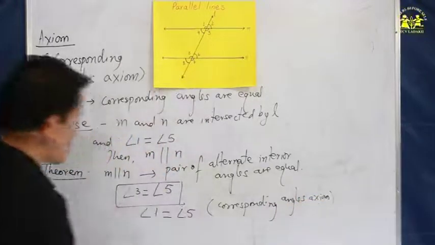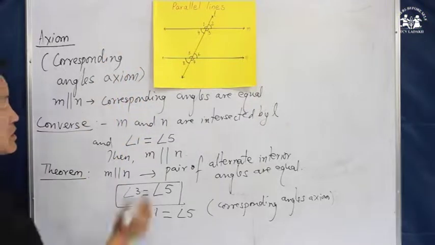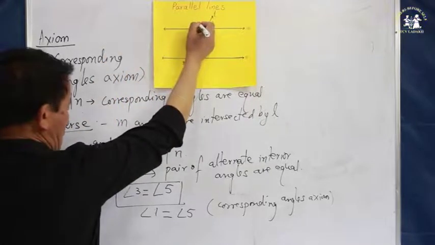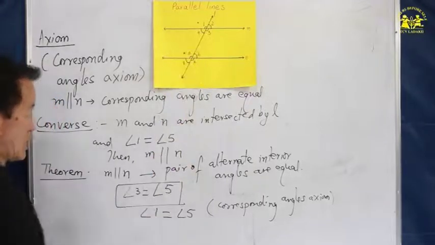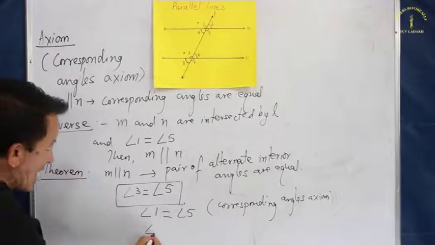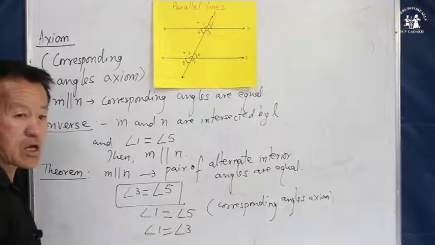Why? Because the two given lines are parallel, so a pair of corresponding angles should be equal. And angle 1 is also equal to angle 3. Why?